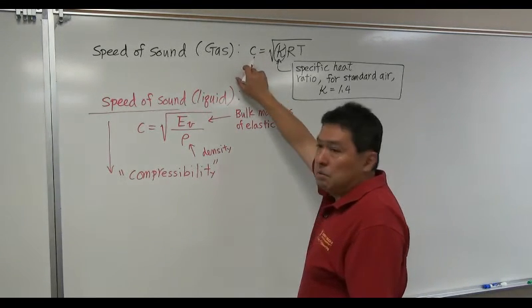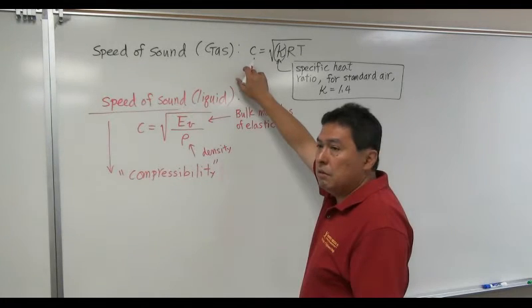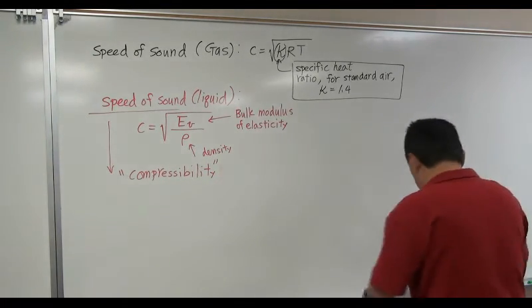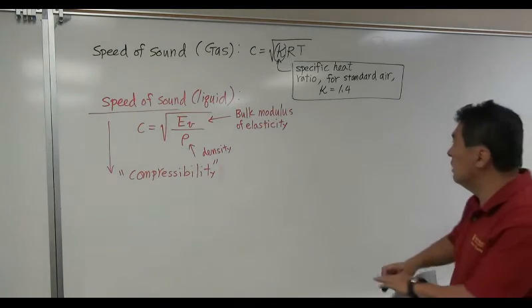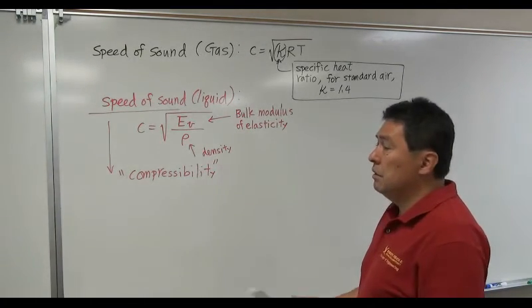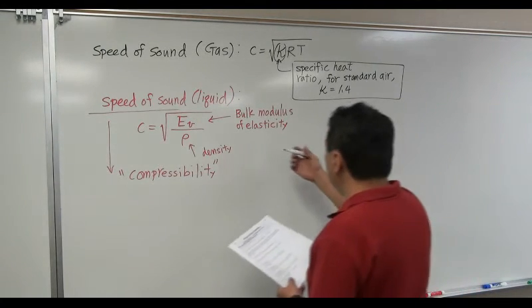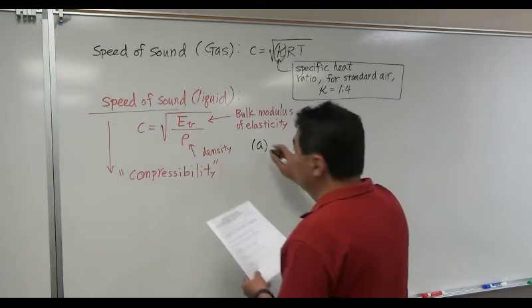Gas is compressible, so speed of sound tends to be a lower value compared against those liquids. So this problem demonstrates how fast it is. If you're looking at three different types of liquid, what is the speed of sound? So let's take a look at three different types of liquid.